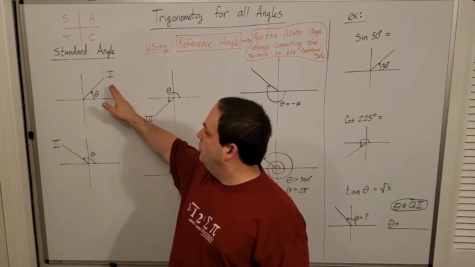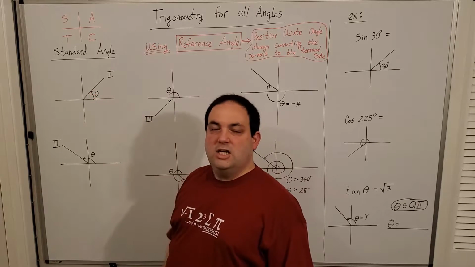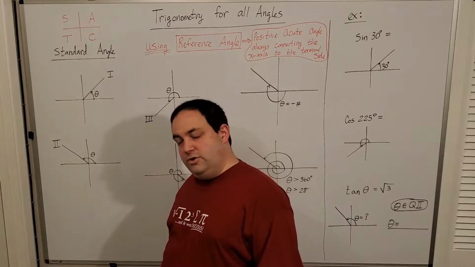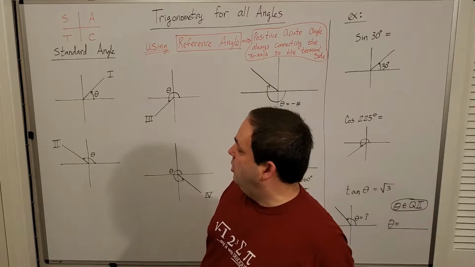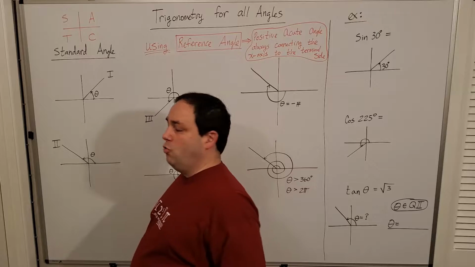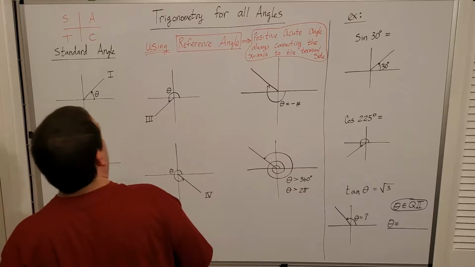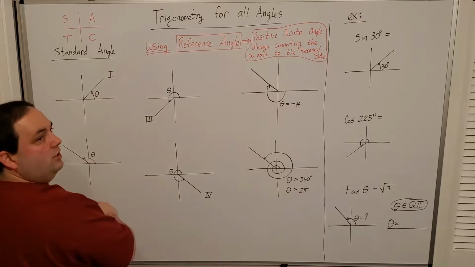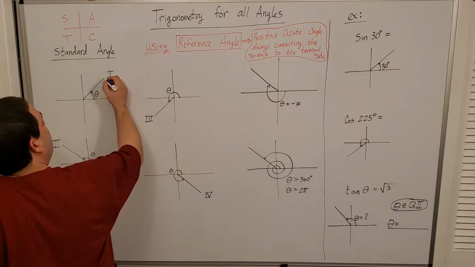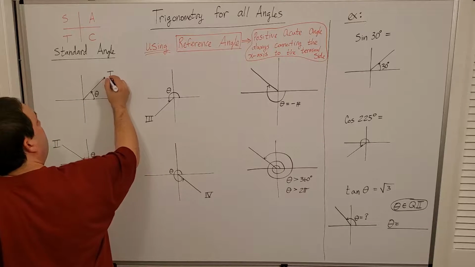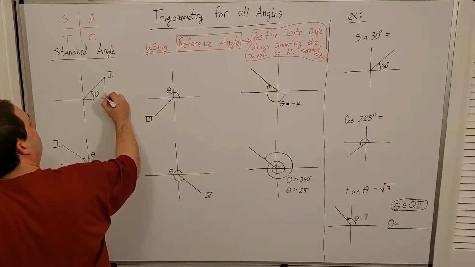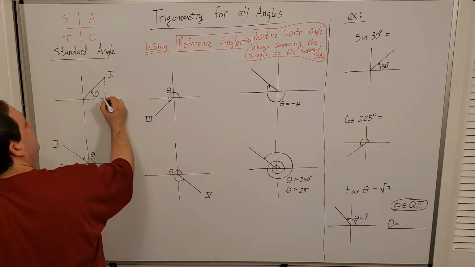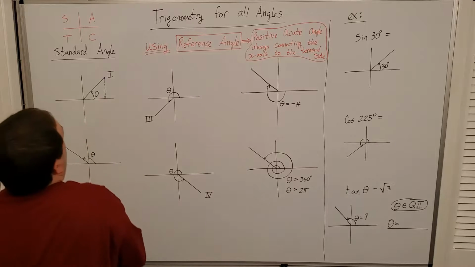So if I'm in quadrant 1, my theta is an acute angle, which we already know how to do trigonometry for. Notice if I were to draw a right triangle including my angle here, it would look like this. I would put a dot here, and I'll just dash it since it's only kind of there, such that this is a right angle here.